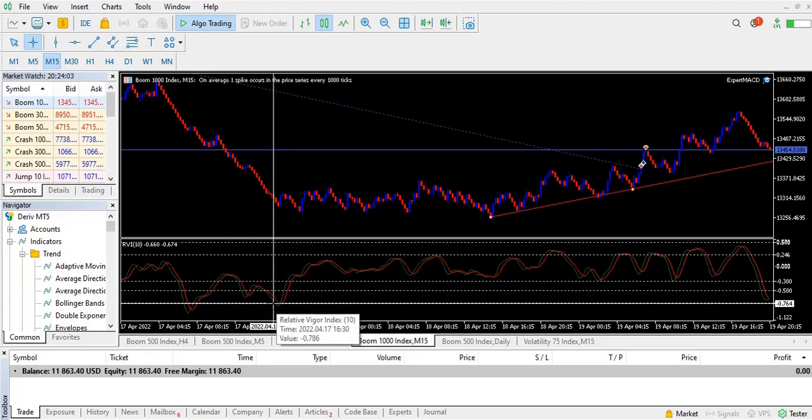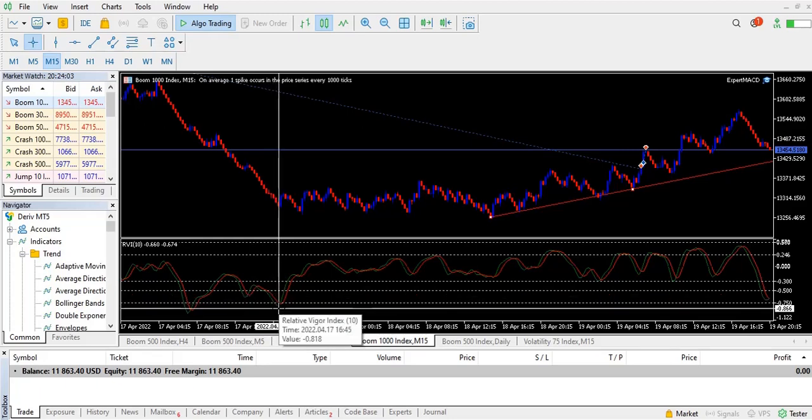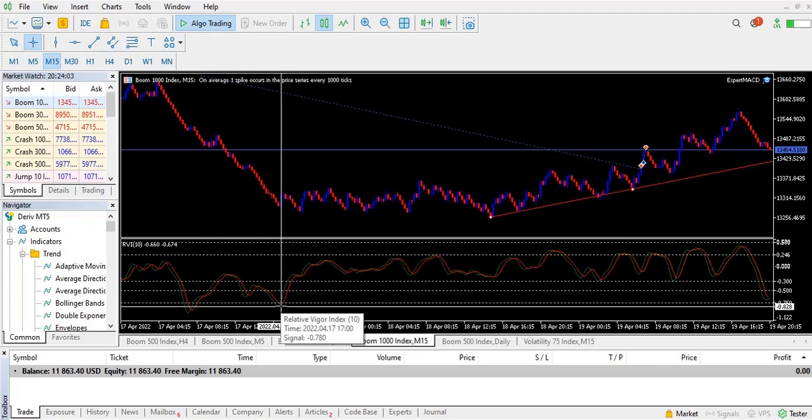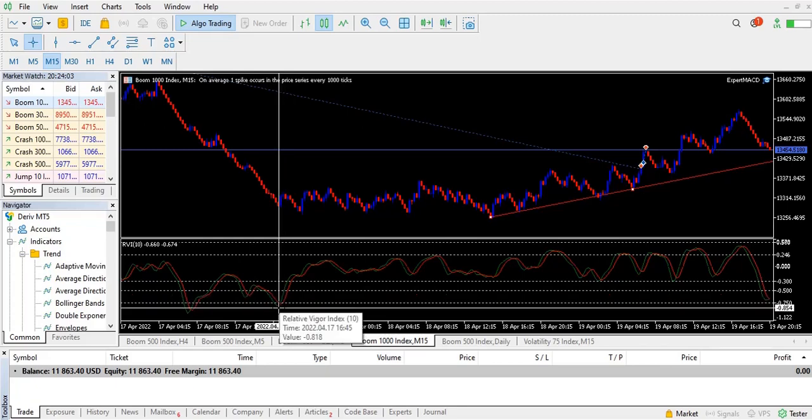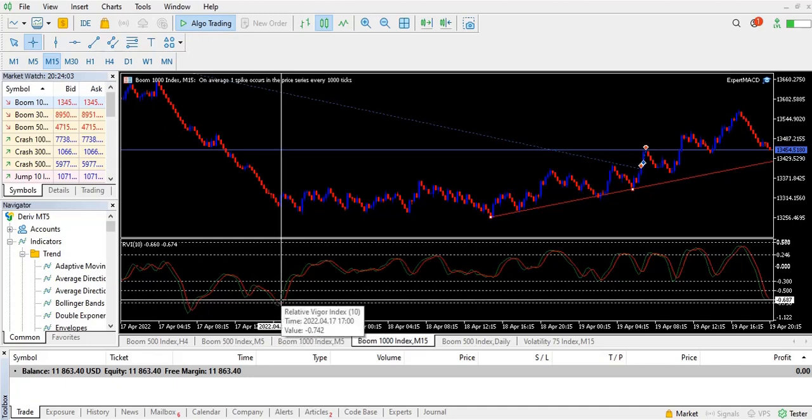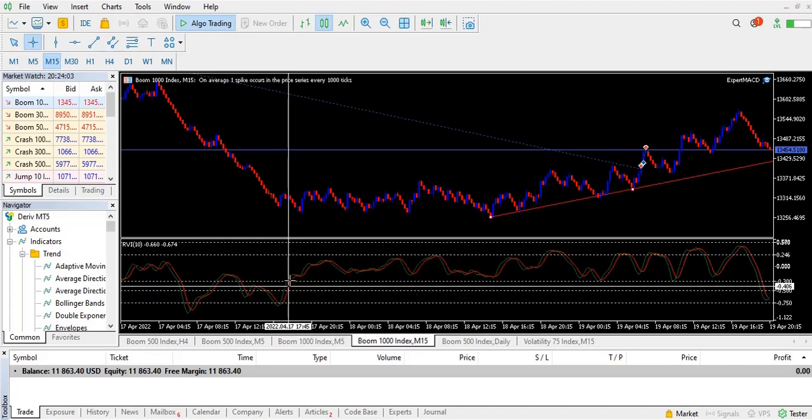Once this green line crosses level 0.750, you can go into the market and expect your spike anytime soon. As you can see, immediately it entered, a few minutes later the red also entered, and see what happened next: a spike, about 2 spikes.